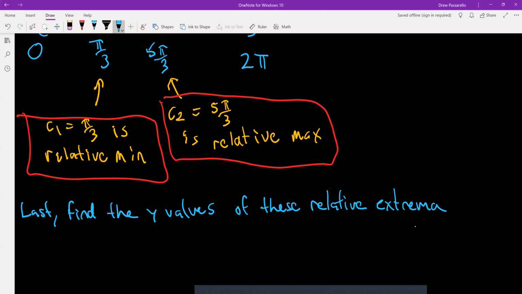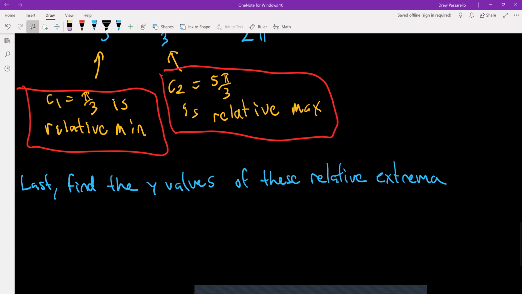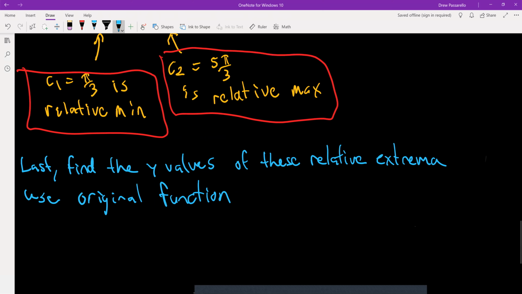Okay, so you have to plug these critical values into the original function, because if you use the derivative, that's going to give you 0. It would be pointless to use the derivative. So I'm going to use the original function for this last step. And the original function at the beginning of the problem was x minus 2 sine x.